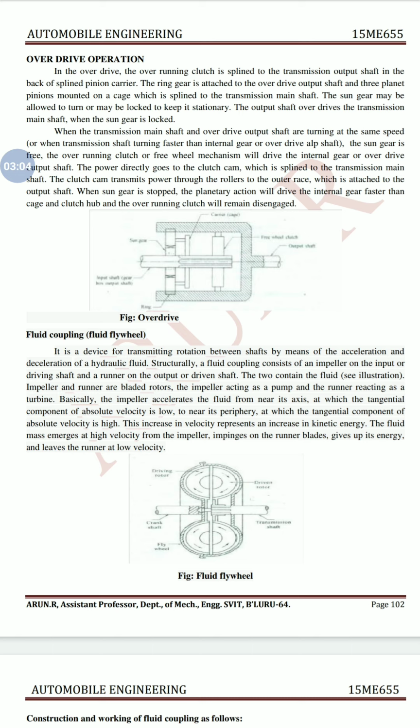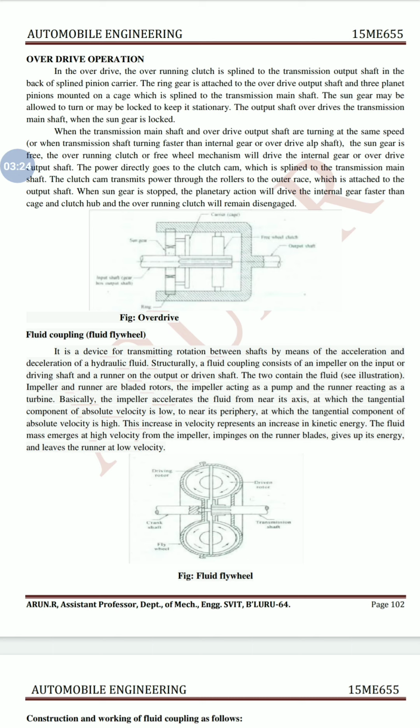So we get an output speed greater than the input shaft speed, that is, the clutch gear. By this we can increase the speed when the road is in good condition.